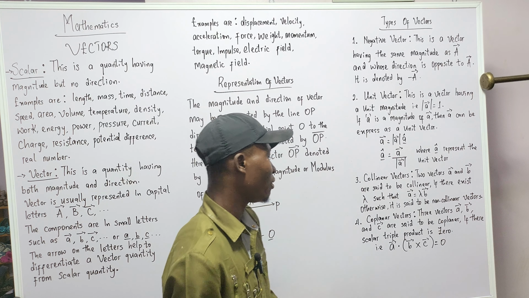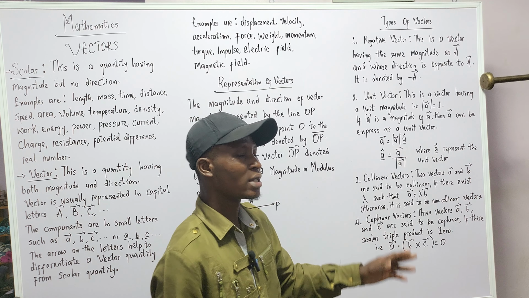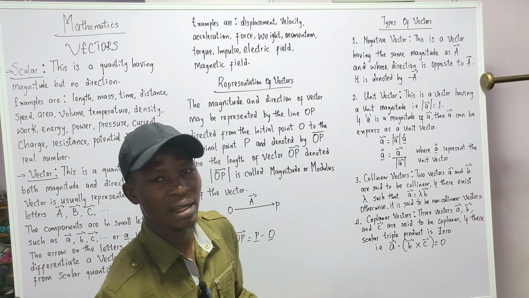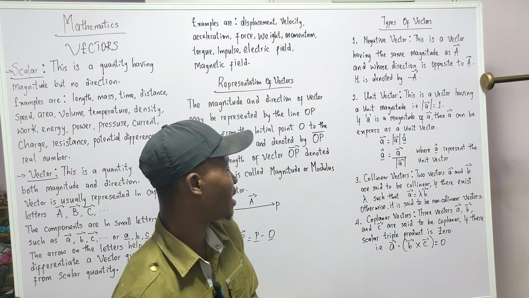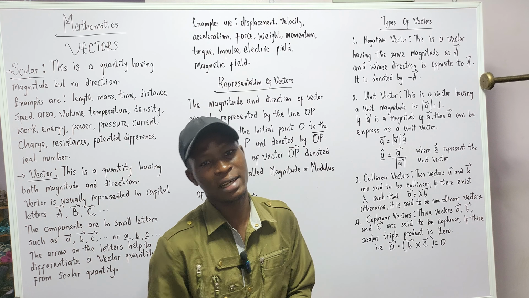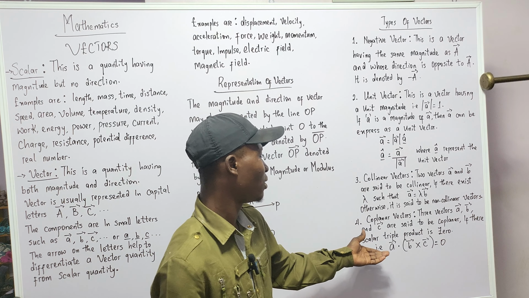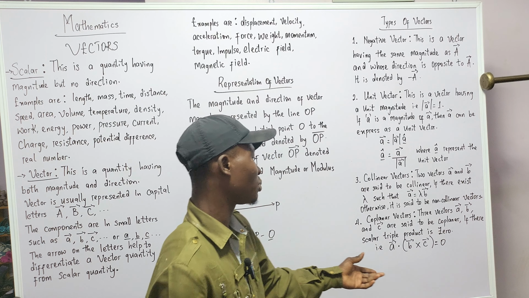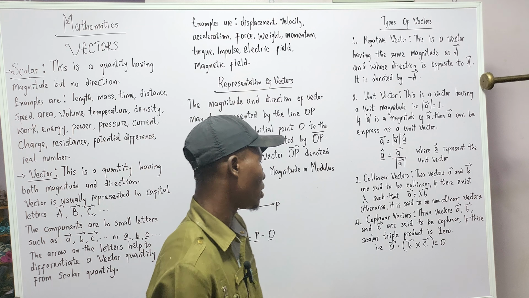The last one, we have coplanar vectors. Three vectors A, B, and C are said to be coplanar if their scalar triple product is 0.